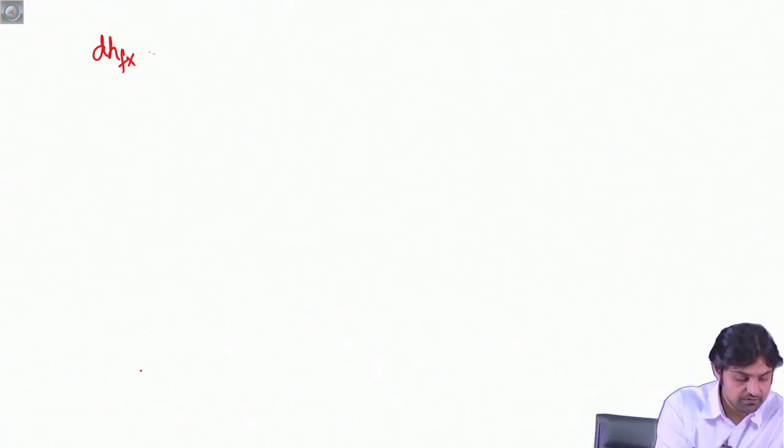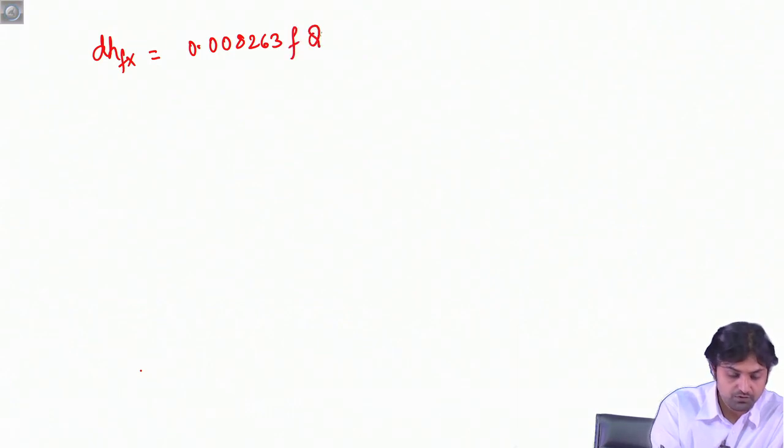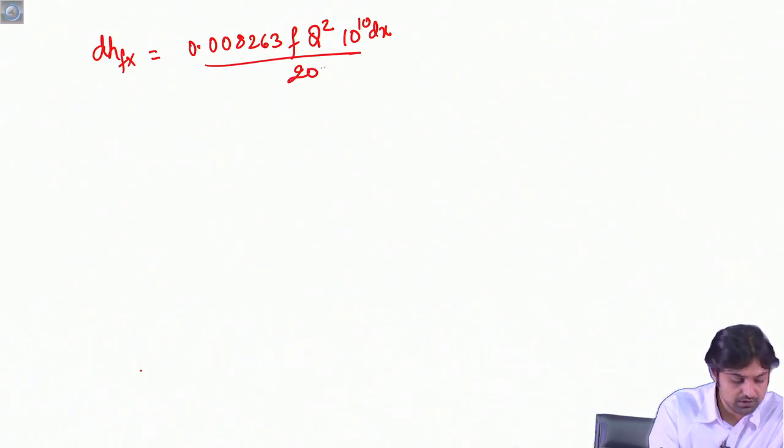forward. So, dhf of x will be 0.008263 f into Q square into 10 to the power, 10 dx divided by 20 minus x to the power 5.